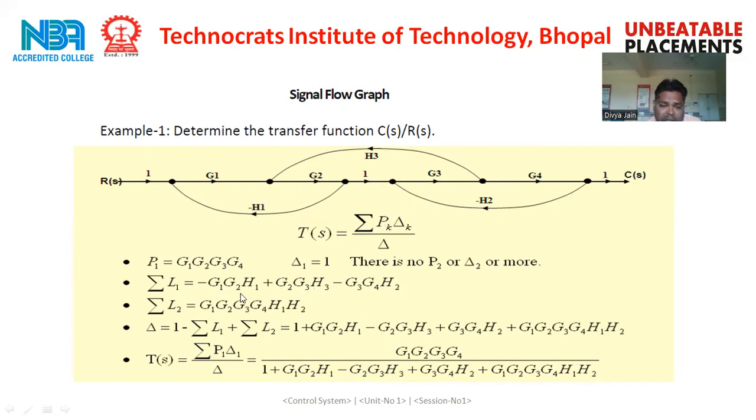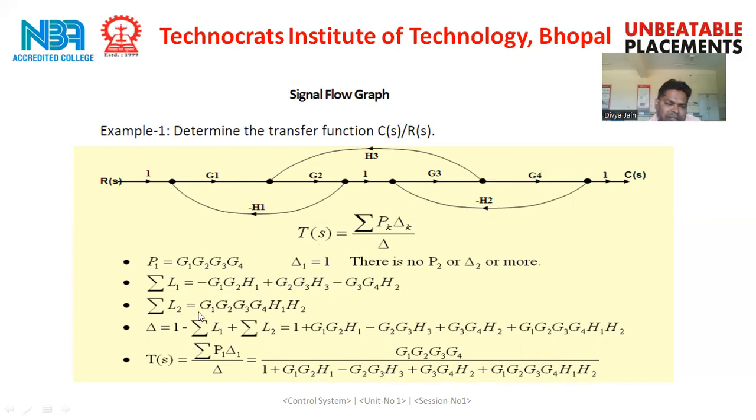And now we will check all the closed loop paths. If all closed loop paths are touching this forward path, then delta 1 is equal to 1. So there is no P2 or delta 2, no more.